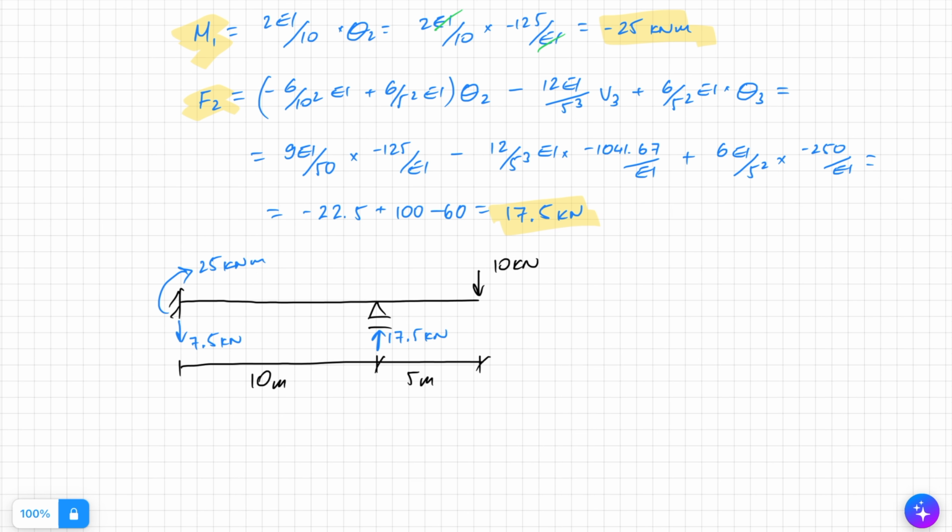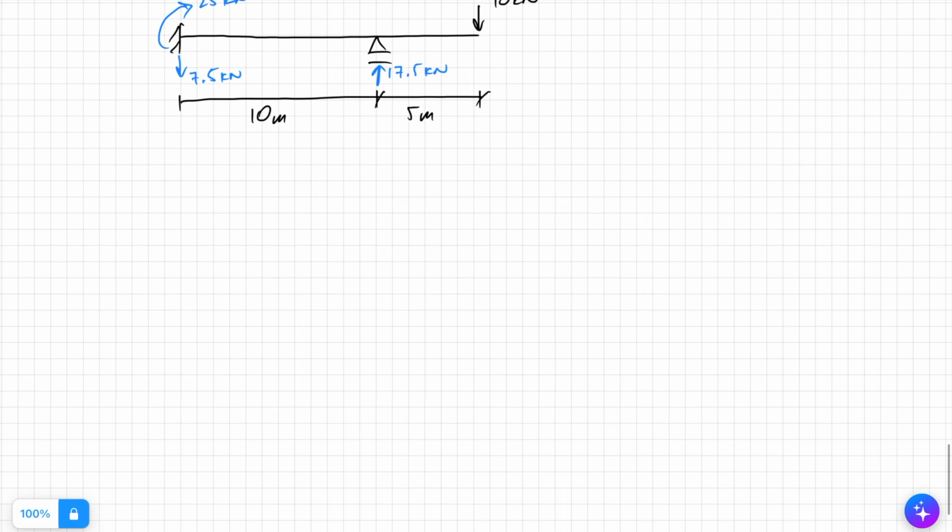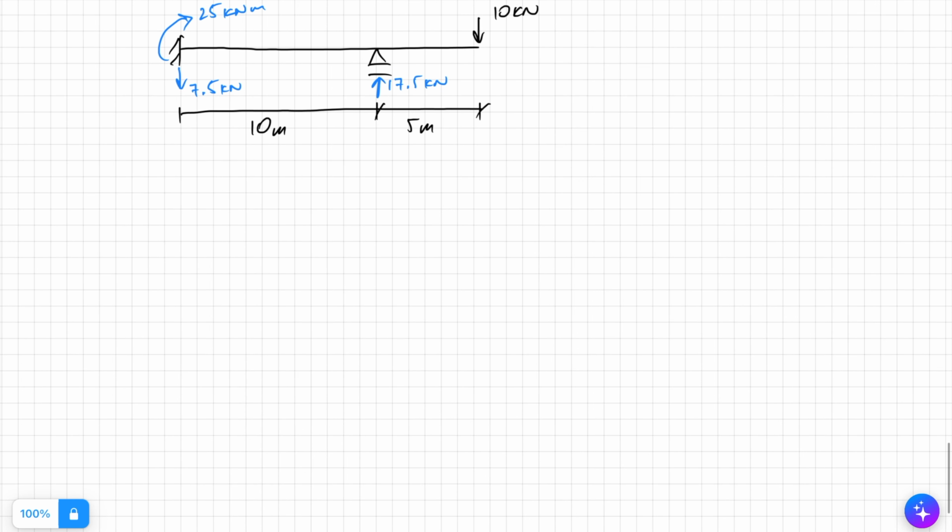A good way to finish a test would be to do a very, very quick check. So let's check by summing up all the moments around A and hope they all add up to 0. So we've got minus 10 times 15. That is the point load. Then we have plus 17.5 times 10.